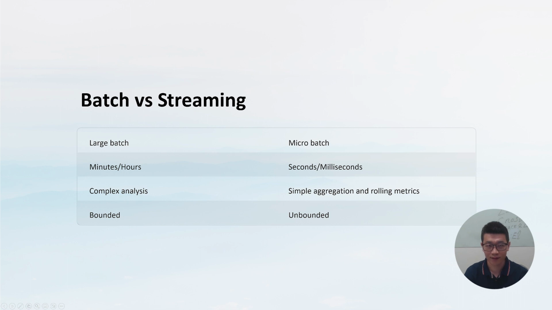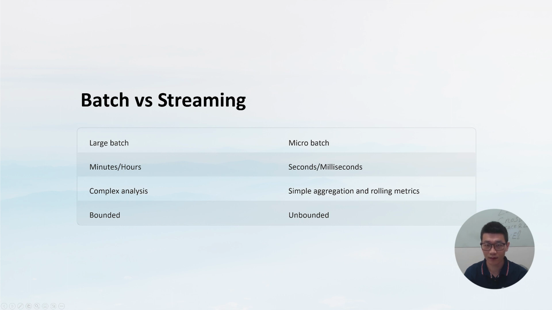Alright, after discussing stream processing, let's now take a look at some differences between batch processing and stream processing. First, we need to look at the scale of data processing for batch processing and stream processing. Batch processing mainly deals with large chunks of data.